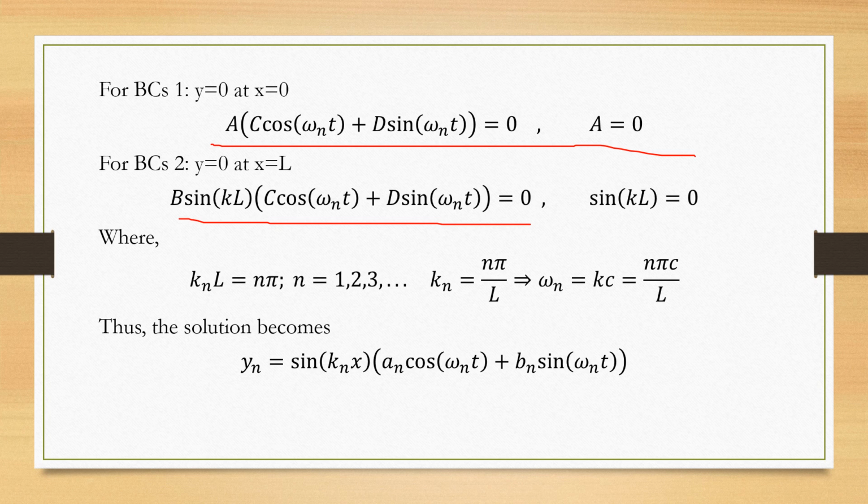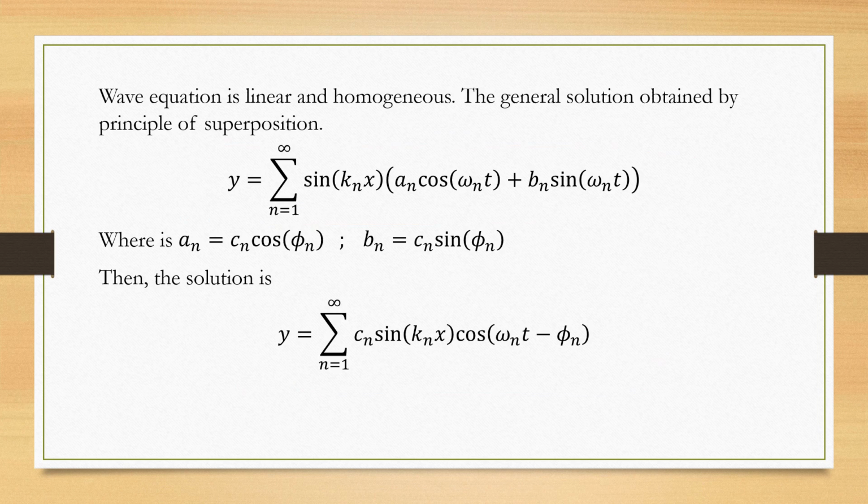Then the constant k times L is equal to n pi, and n is any integer not less than 1, not 0 and not going negative. Then the solution becomes this one. This is the solution for the wave equation. After we get the solution, it has to go into a sum.